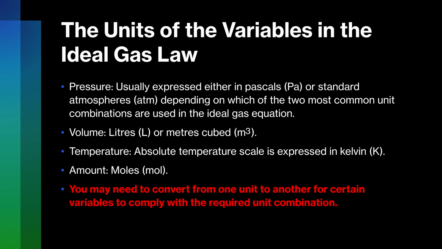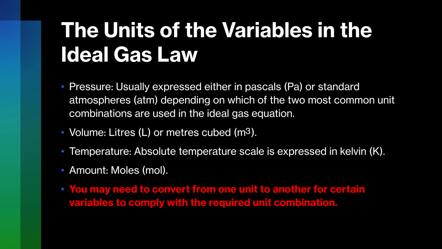simply known as atmospheres. Standard atmosphere is the unit of atmospheric pressure where we consider that 1 atmosphere, expressed as ATM, is the pressure of air at sea level. Now, a comparison can be drawn between pascals and atmospheres if we note that 1 atmosphere is equivalent to 101,325 pascals.